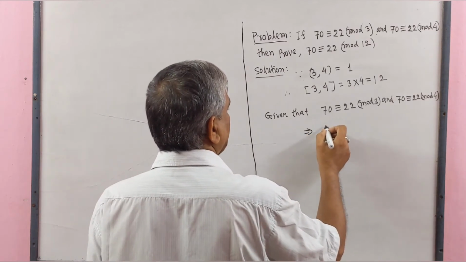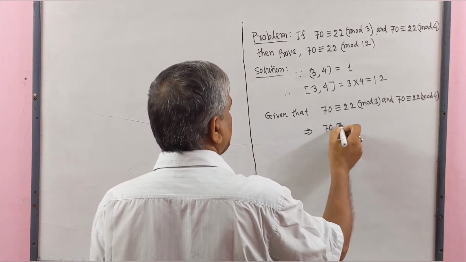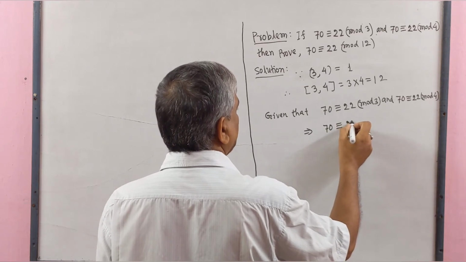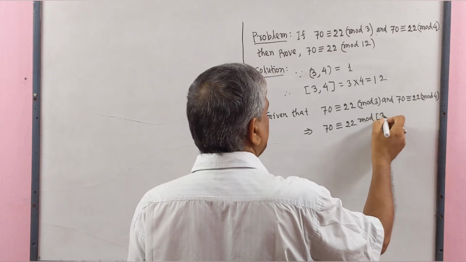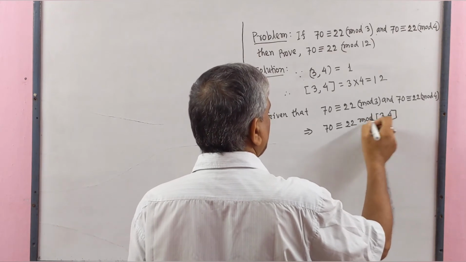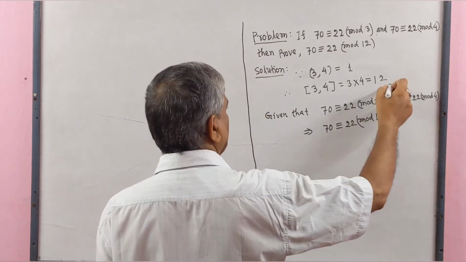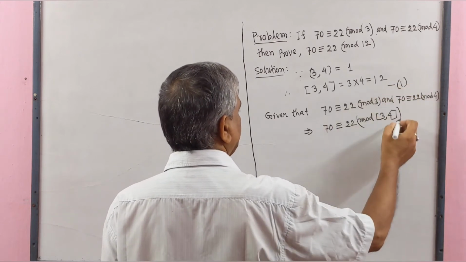Implies that 70 is congruent to 22 modulo the LCM of 3 and 4. This is number 1.